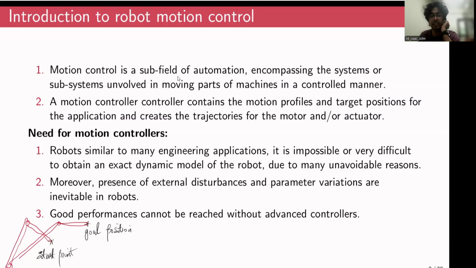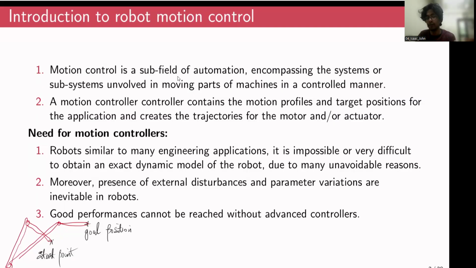Or in case of a trajectory control, or in case of a tracking control, between the start and goal positions, the time history of all the intermediate points will also be specified. The time history of position, velocity, and acceleration of all the intermediate points will be specified, and the robot will be tasked to track all the intermediate points from the start point to the goal point.